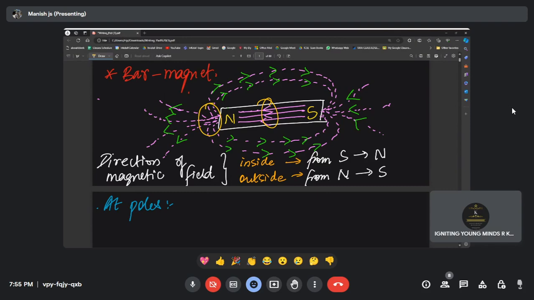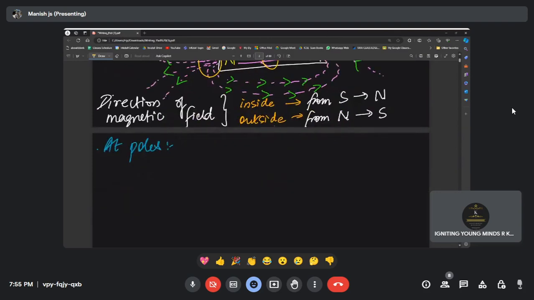When you come between the poles, obviously there is magnetic field strength. We are not denying the fact that magnetic field strength exists. It does exist, but the strength is lesser than at the poles. Relative to the poles, it is less. That is what you need to understand. Okay. So at the poles, now we are quickly summing up. So at the poles, magnetic field strength.